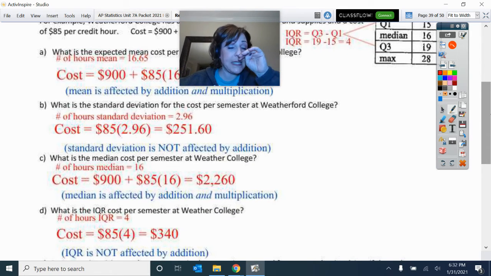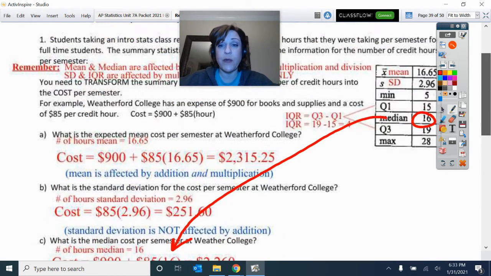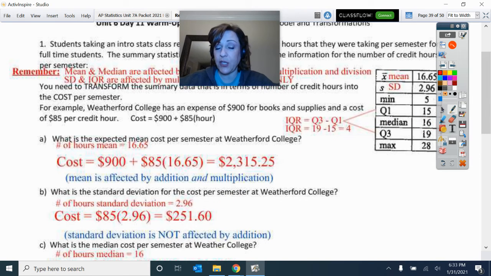All right, now median, that's a measure of center. Up here it says the median was 16 hours. So median is affected by add, subtract, multiply, and divide. So 900 plus $85 times this median value that we put in there. But IQR, which we actually had to come over here and figure out what that IQR is.